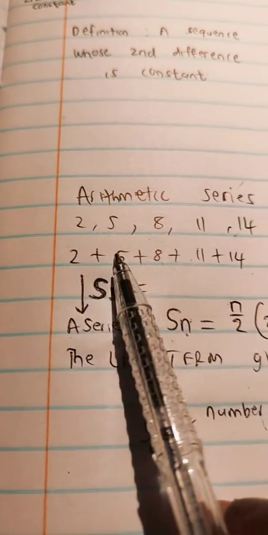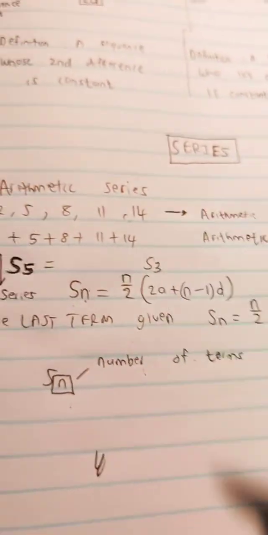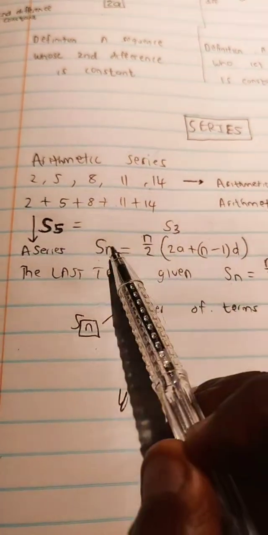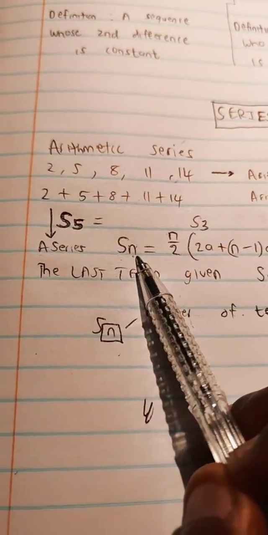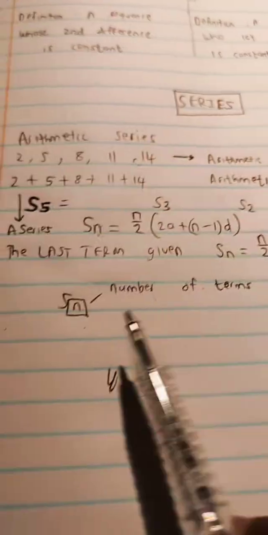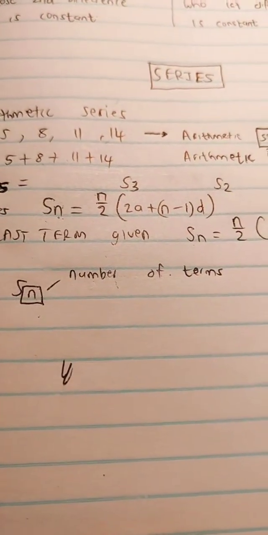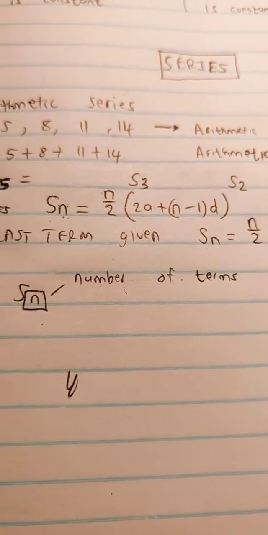If you want to calculate the sum of the first 3 terms, then you would say S3. In the place of n, you will have 3. If you want to calculate the sum of the first 2 terms, then you would say S2, because n means number of terms.